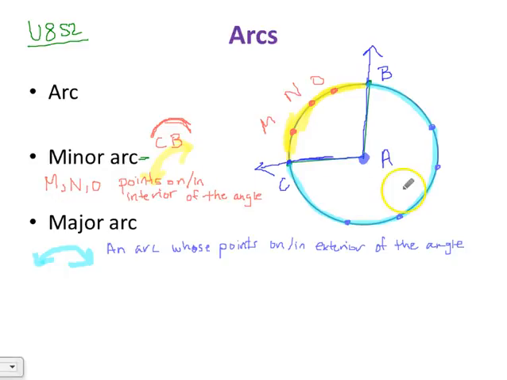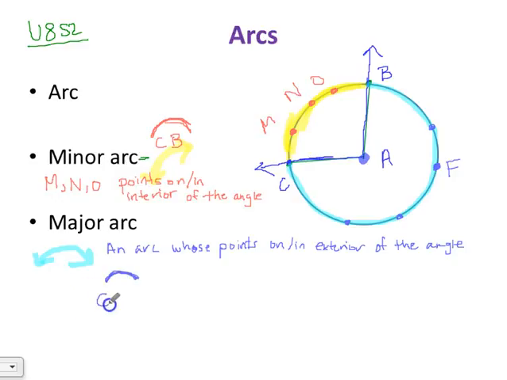I'm going to label one of our points F over here. To name our major arc, we need to put three points so that we know it's the major arc.